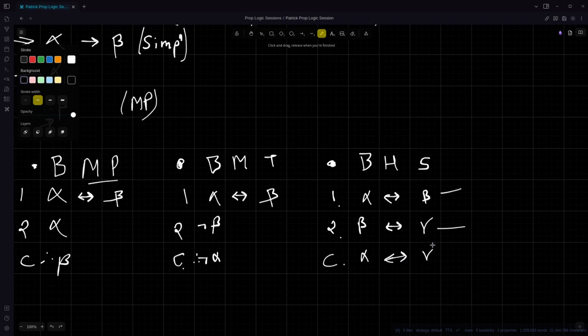And you can do it in the other direction. You can get beta implies alpha, you can also get gamma implies beta, then you can get gamma implies alpha, and the conjunction of alpha implies gamma and gamma implies alpha is the same as alpha if and only if gamma, or gamma if and only if alpha.